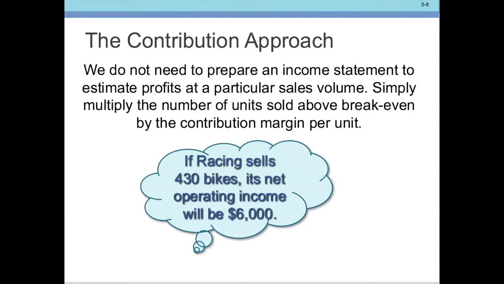If you know your contribution margin per unit, you can immediately calculate that if I sold, say, 4,100 bikes, 4,000 covers fixed, and every bike after is $200 of net income. So in this example, if Racing sells 430 bikes, the net income would be 6,000. If it sold 500 bikes, which it did before, it would be 20,000.